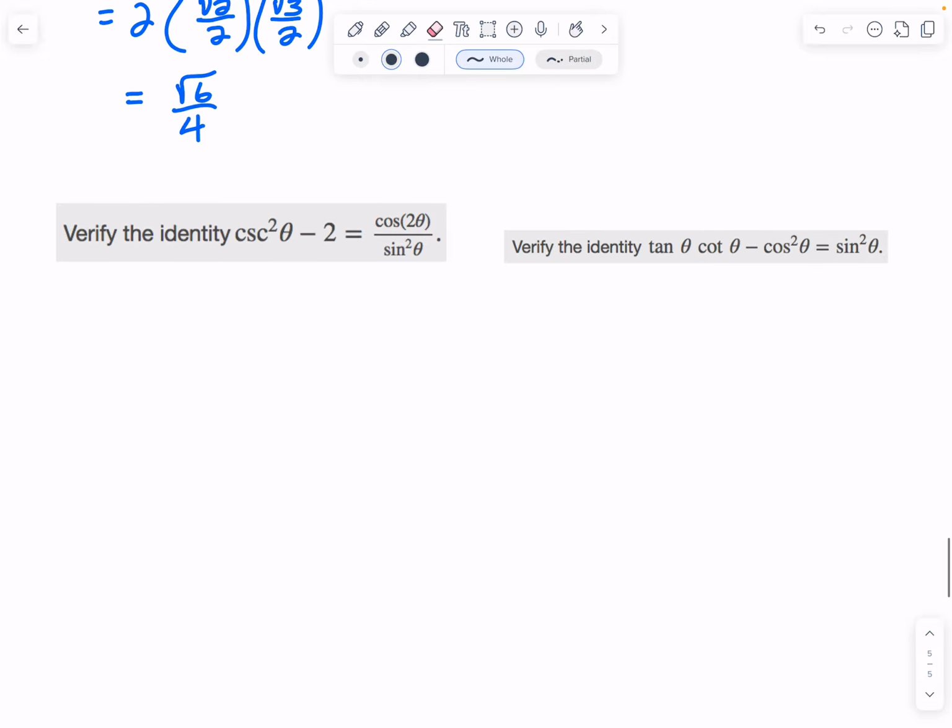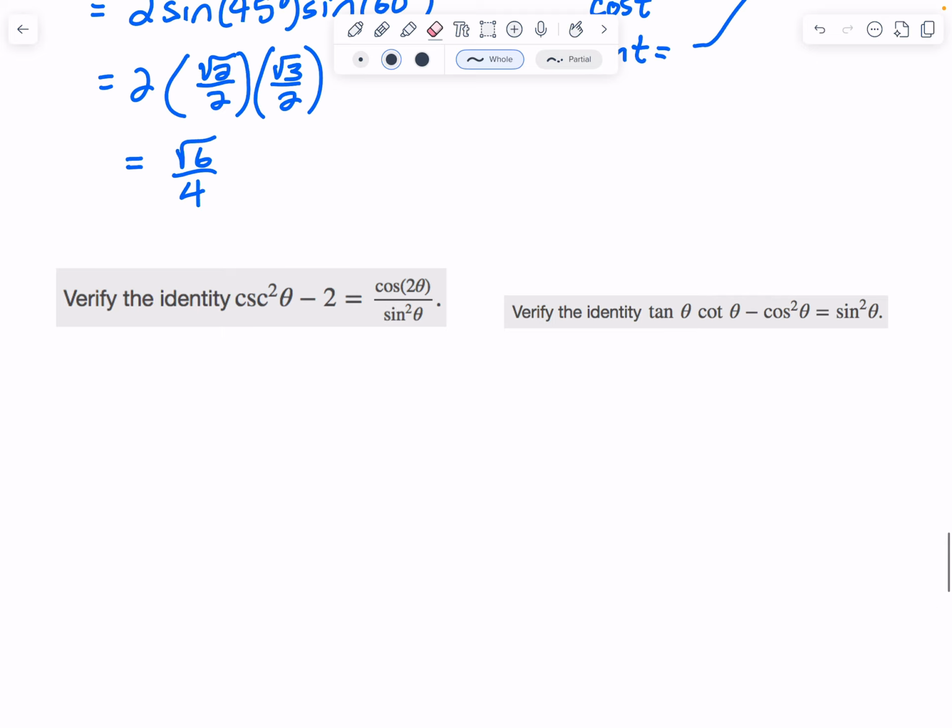All right, so this one isn't totally obvious on maybe what we're going to do. I like to, as soon as I see the square, mess with it and see if I can figure that out. But let's maybe work on something else. What could we do? Okay, so I see a cosine 2 theta. And if we were to take cosine 2 theta and maybe break it into something else, let's do this.